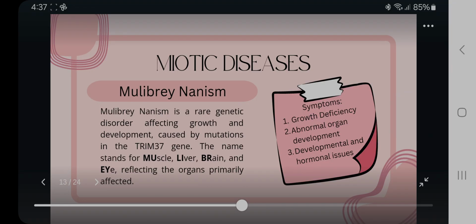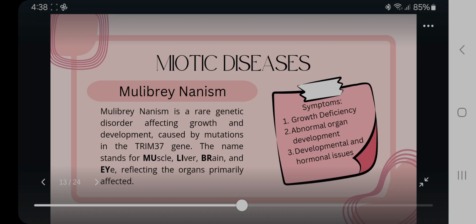And another meiotic disease that we can look at is Mulibrey nanism. It's a rare genetic disorder affecting growth and development caused by mutations in a specific gene. And the name, which is actually really cool, stands for muscle, liver, brain, and eye, reflecting the organs primarily affected, which is very creative.